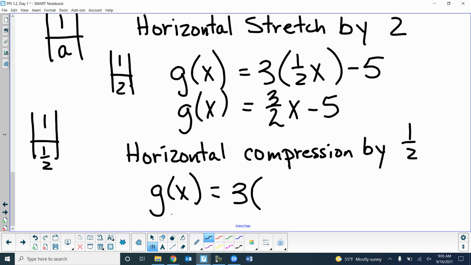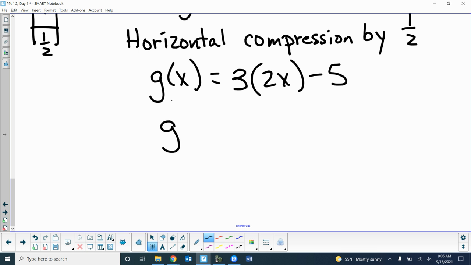Again, when we're stretching by 2, we use the reciprocal of 2. Compressing by 1/2, reciprocal of 1/2. So this becomes 2x. And then minus 5. What's 3 times 2x? 6x. So that's the equation of our original function f after it's been horizontally compressed.